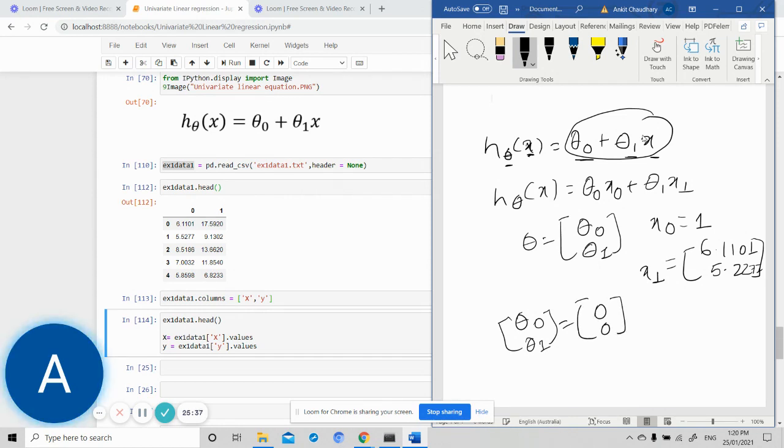And for theta naught, by default 1, we will create another matrix with all 1 1 1 values. Does that make sense? I think.